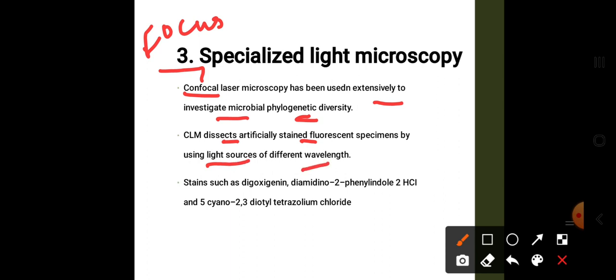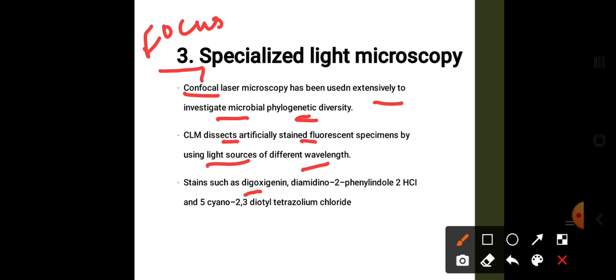It dissects the artificially stained fluorescent specimens using light sources of different wavelengths. Stains such as digoxigenin, diamidino-2-phenylindole dihydrochloride (DAPI) and 5-cyano-2,3-ditolyl tetrazolium chloride (CTC) are used as fluorescent dyes to stain the specimen.